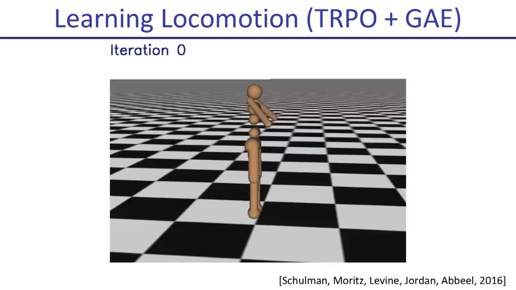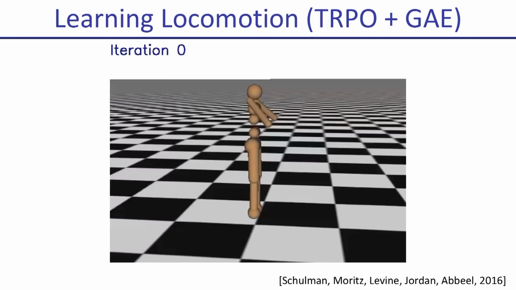The reward function is as simple as: the further that way, the better, and the less impact with the ground, the better. Very simple reward function, nothing in there about what walking should look like, just distance covered and impact with the ground minimized. The neural net has about 100,000 parameters.